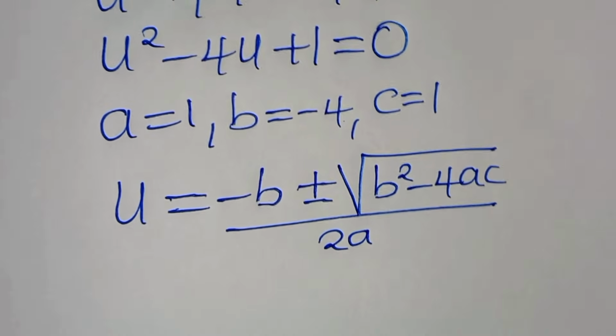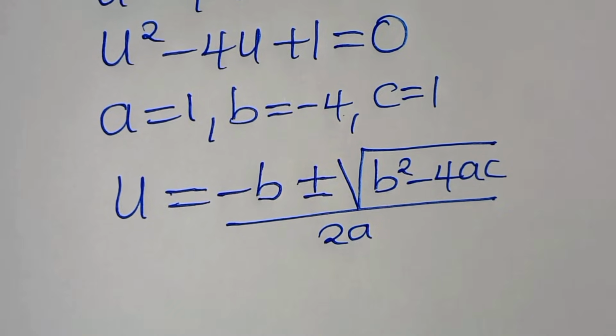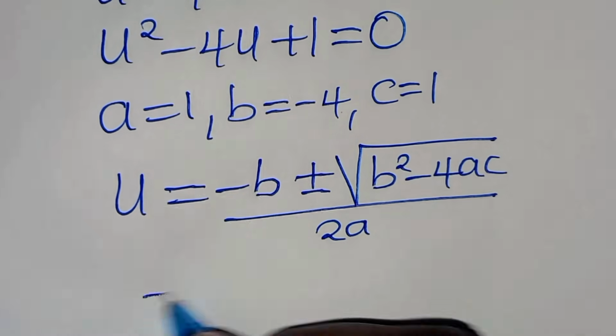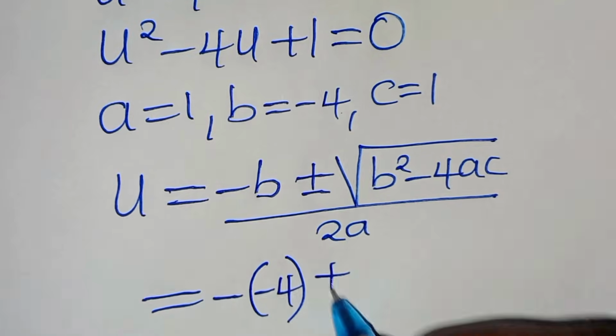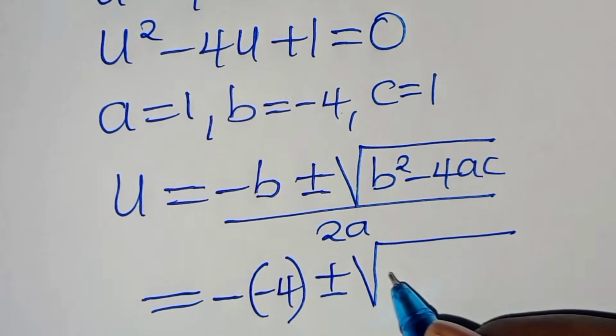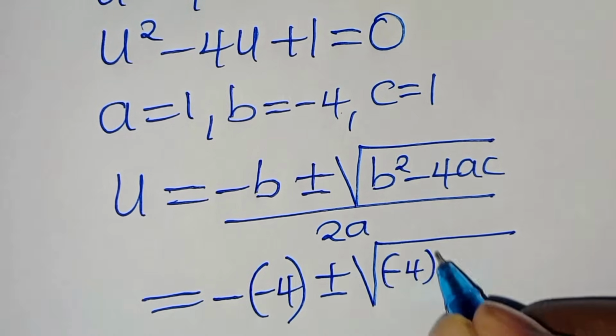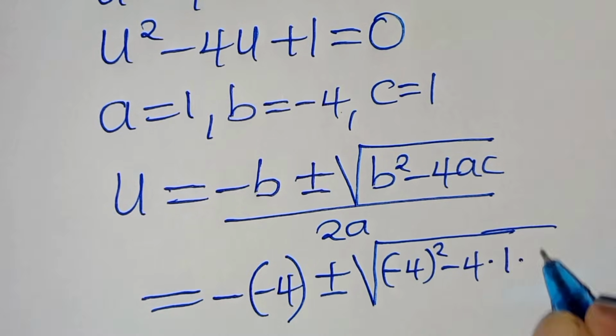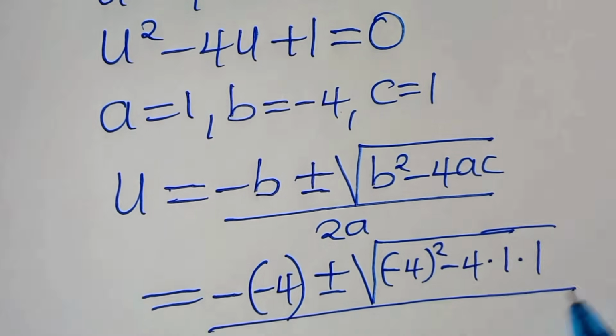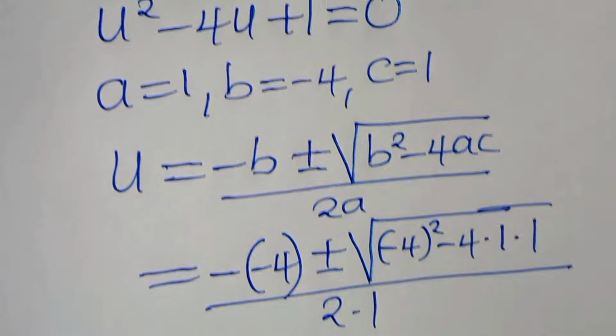Let's substitute the values of a, b, and c into this formula, so that now here we have -4 plus or minus the square root of -4 to the power of 2 minus 4 times a, which is 1, then times c, which is 1, everything here divided by 2 times 1.